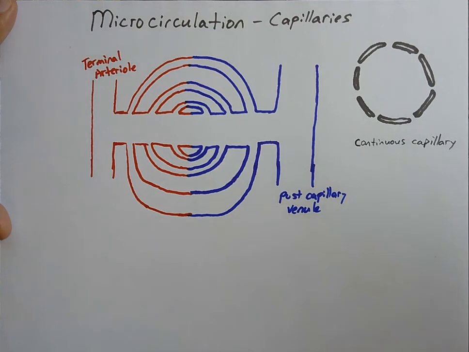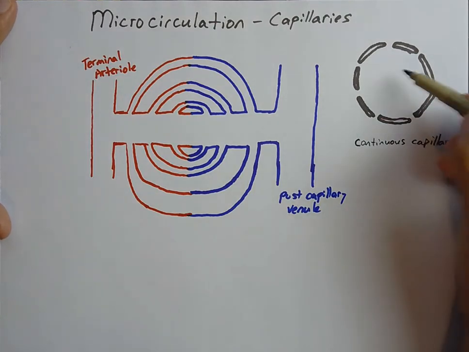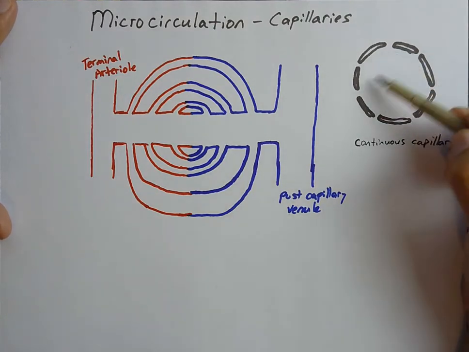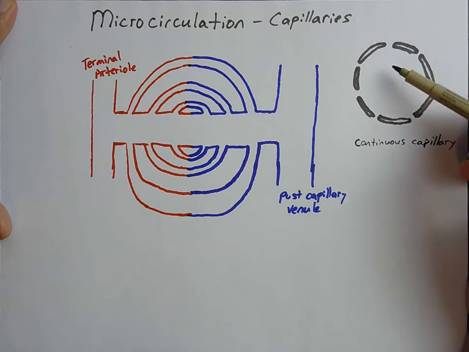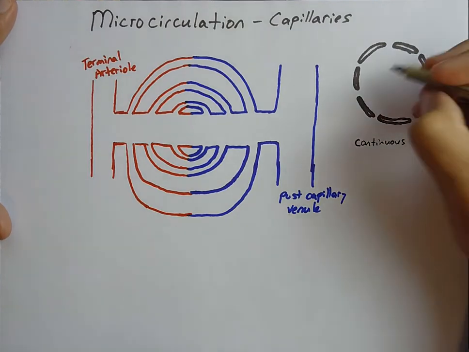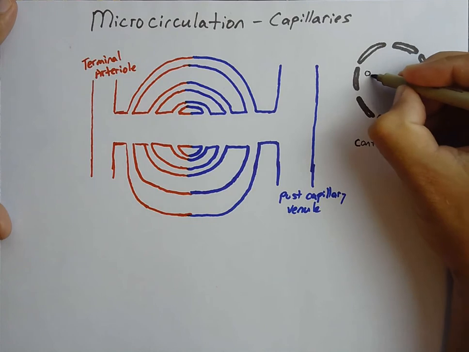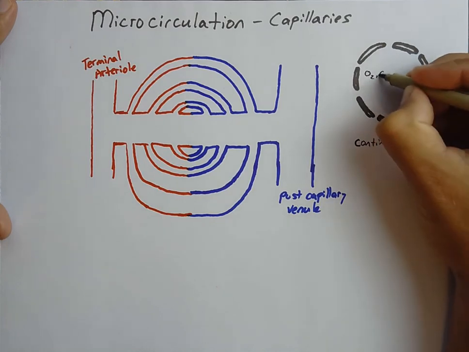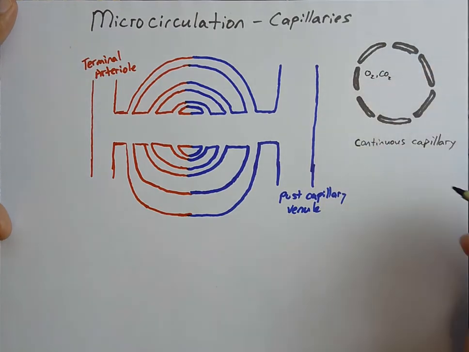And if you take a cross-sectional area of that continuous capillary, you'd be looking at this, and there'd be blood inside of here. Right? What sort of material do we have in the blood? Well, we have oxygen, we have CO2, and those are gases, nonpolar and small.